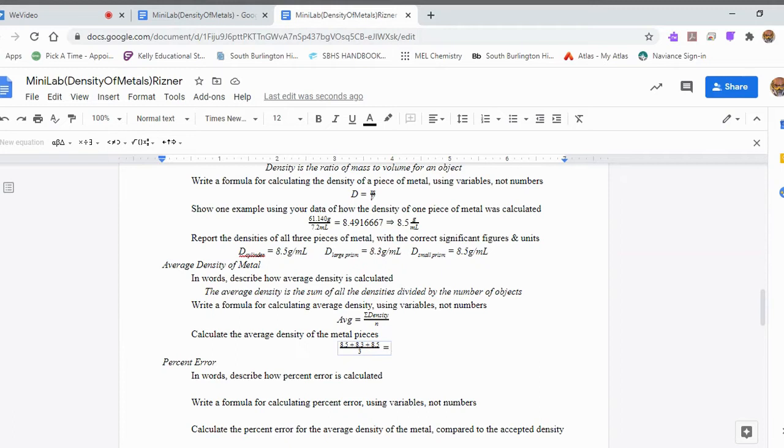What will affect our significant figures will be that on the top we have 8.5 plus 8.3 plus 8.5, which is 25.3. And that now has 3 significant figures when you take into account the addition rules. You're still going to the tenths place, so it's 25.3 divided by 3, which gives an answer with correct rounding of 8.43.